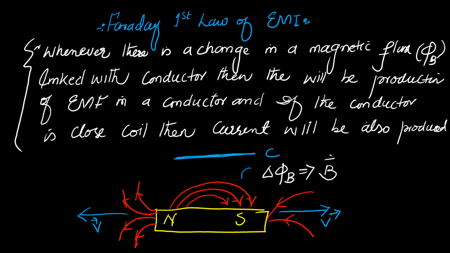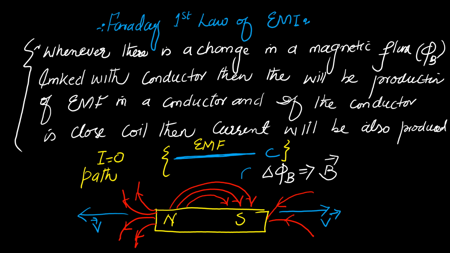The change in magnetic field lines will result in an induced EMF in this open circuit wire. So EMF will be induced in this wire. However, the current in this wire will be zero because current requires a path. There is no path in this open wire, so the current will be zero. However, the induced EMF will be produced in an open circuit wire.